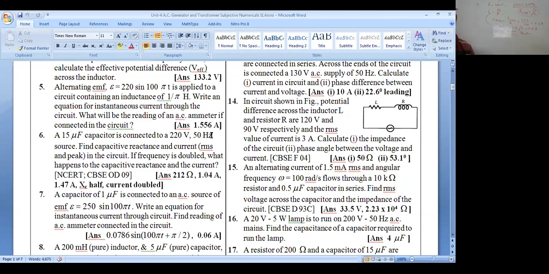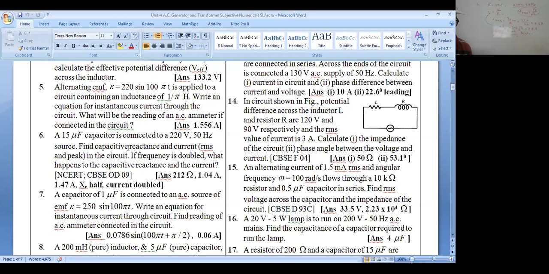Here 220 is the RMS value, and 50 is the frequency in cycles per second. Find the capacitive reactance and the current, RMS value and peak value. Peak value means the maximum value, or the amplitude. So you have to find both.